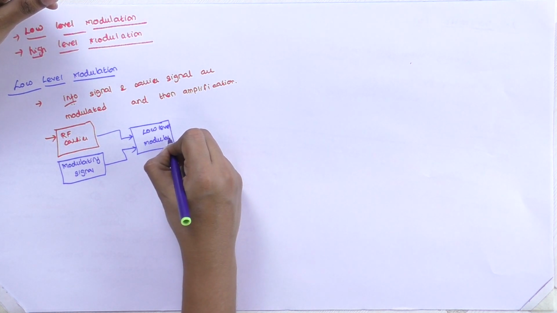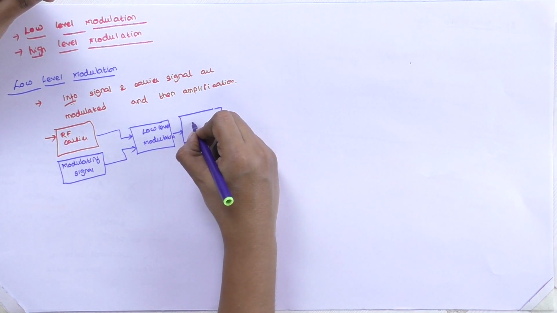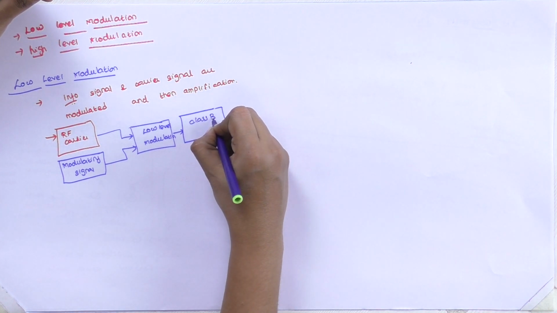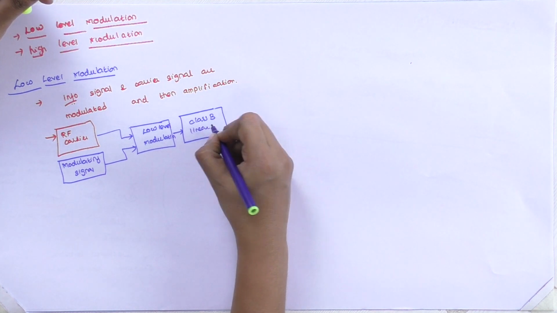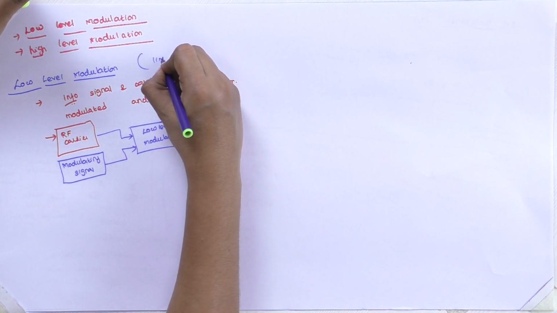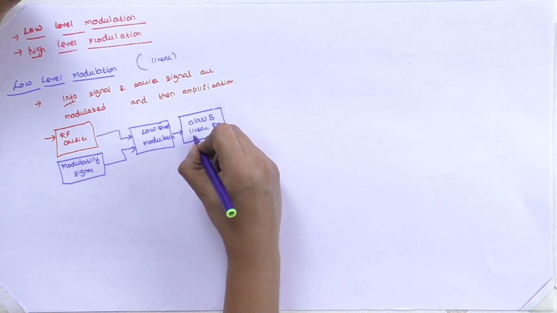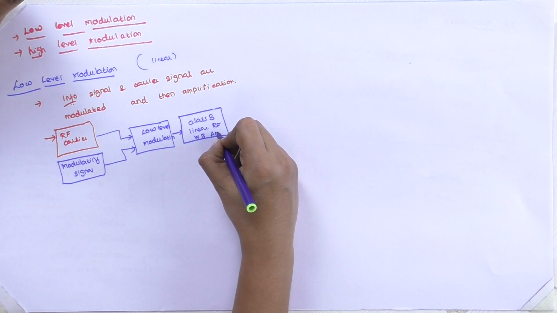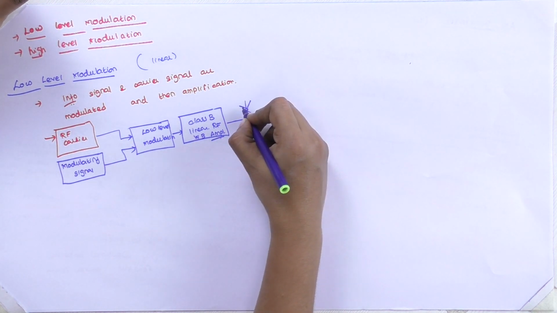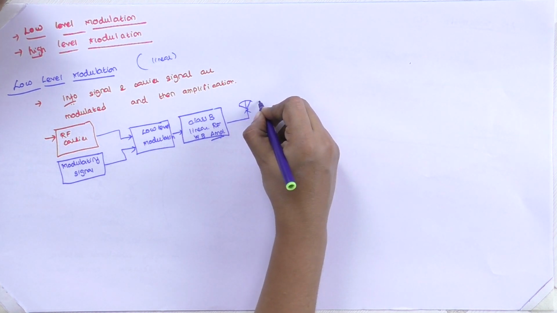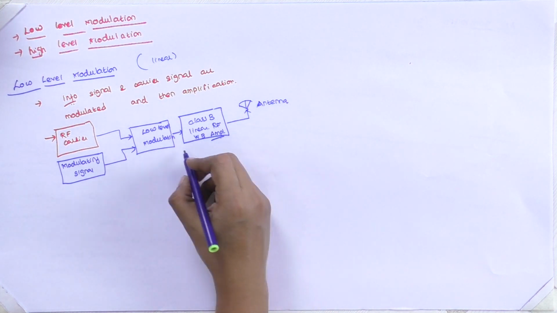First our modulation is carried out, then comes the amplification part. Class B, linear. Mostly low level modulation involves linear amplifiers, an RF wideband amplifier. Then it will be transmitted to the antenna to reach the receiver.